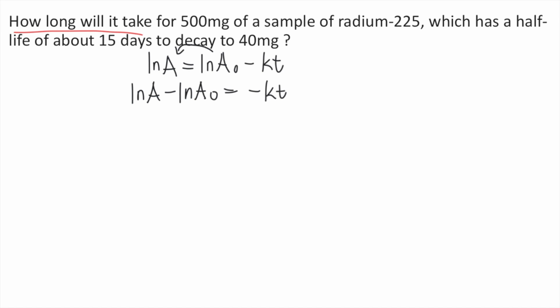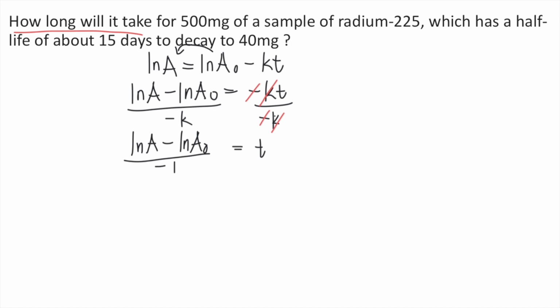Now we only want T or time, so what you do is you divide both sides of the equation by negative K. So negative K cancels on the right side. So on the right side, we have T. On the left side, we have ln of A minus ln of A sub 0 divided by negative K.